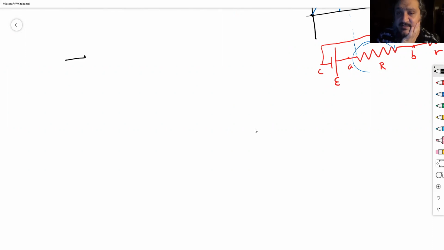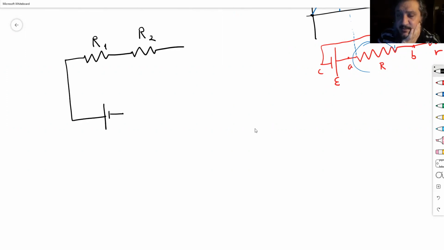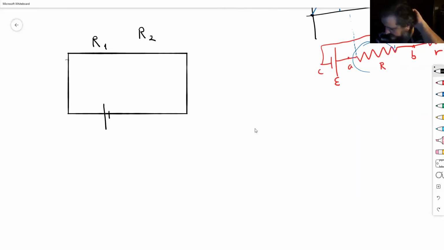So we have resistors. Let's say R1. You may have a load which is made of two objects. And this is your, let's say, two light bulbs. Light bulb 1, light bulb 2. All right. Or any load.